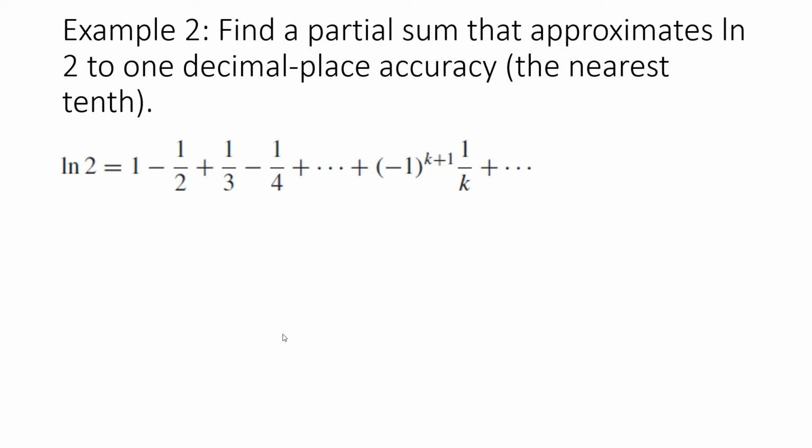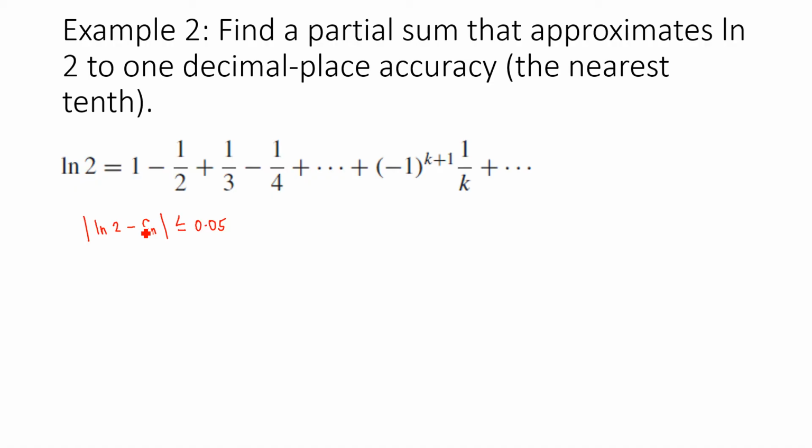Okay, so in this case, for our solution, for one decimal place accuracy, we must choose a value of n for which the absolute value of the natural logarithm of 2 minus S sub n must be less than or equal to 0.05, because remember from the previous answer that this absolute value is equal to 0.059.